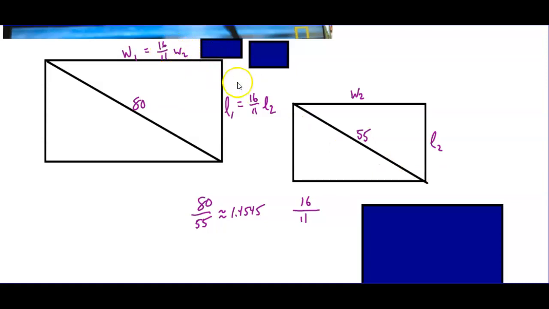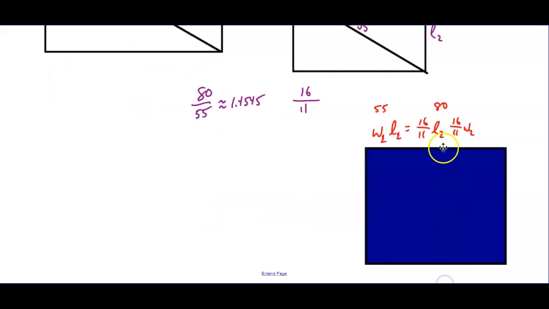So if I take width times length for each TV and try to compare them, so there's the 55-inch TV, it's width 2 times length 2, and the 80-inch TV would be 16/11ths width 2 times 16/11ths length 2. Setting those equal because I've used the correct scale factor here.